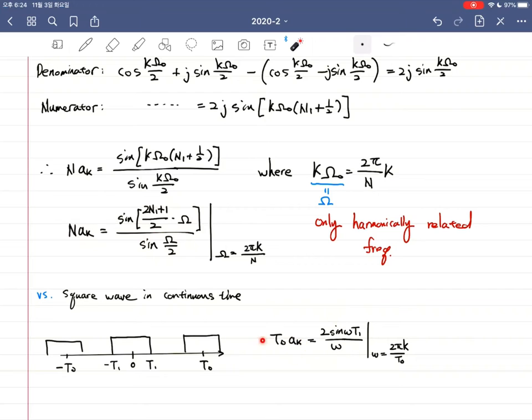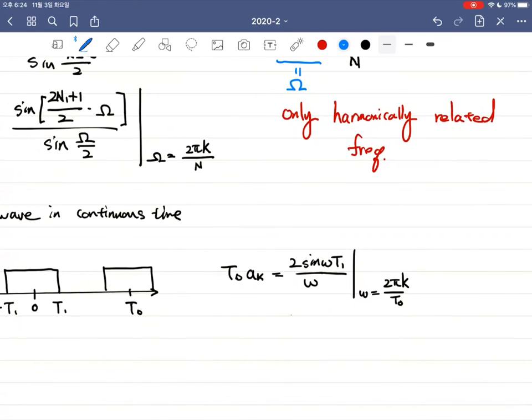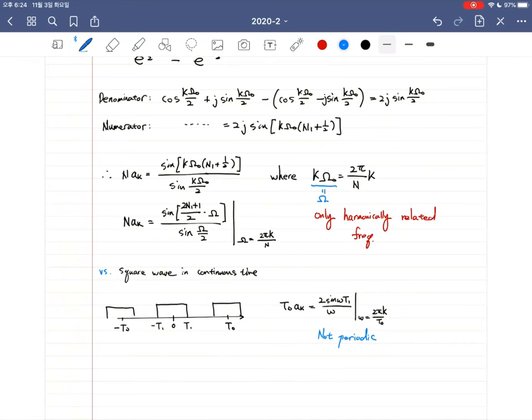However, in this continuous time case, it is sine something over just something. So if this omega increases, then the whole a_k will decrease. So it's not periodic for the continuous time with the same square wave.